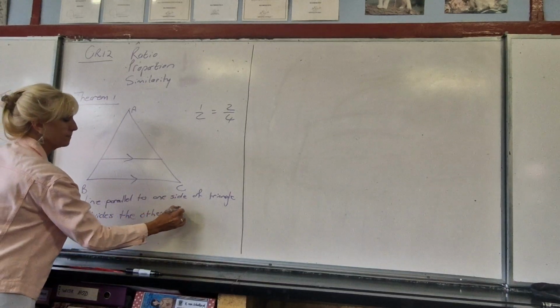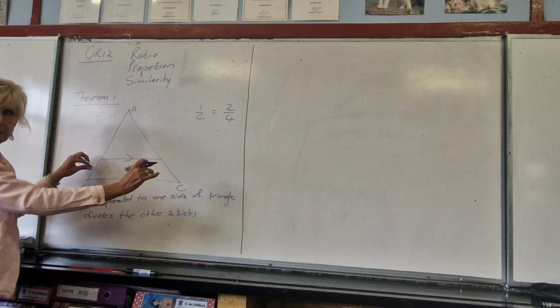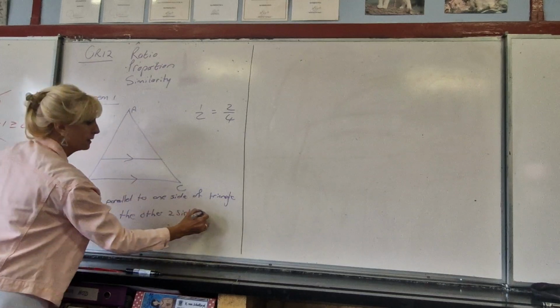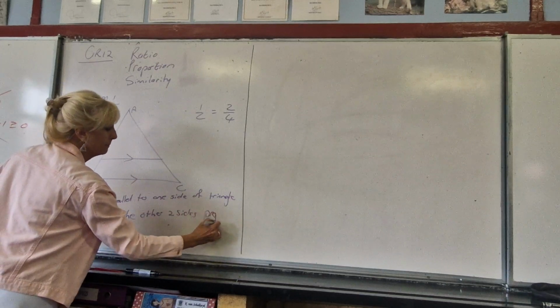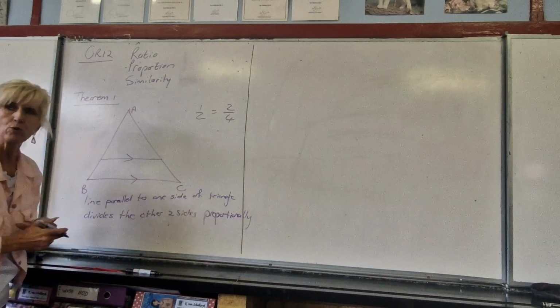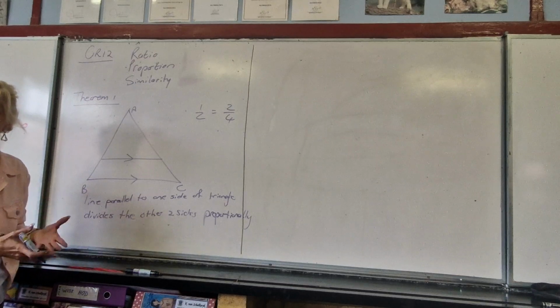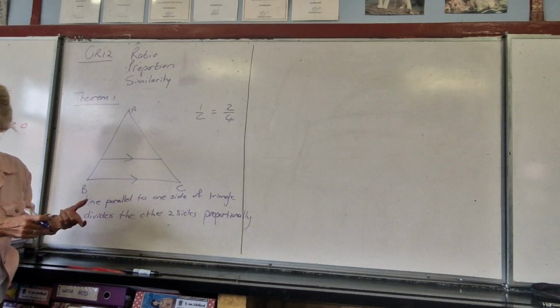Make sense? So it's parallel to one side, so it'll divide the other 2 sides proportionally, or in the same proportion, or in equal ratios. That's what proportion means. It's in the same proportion.